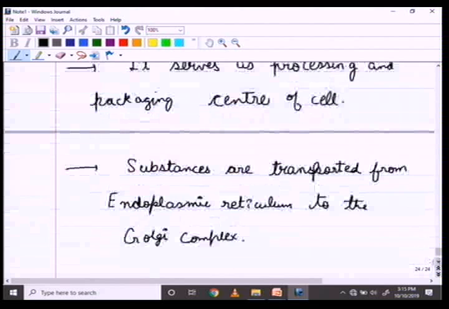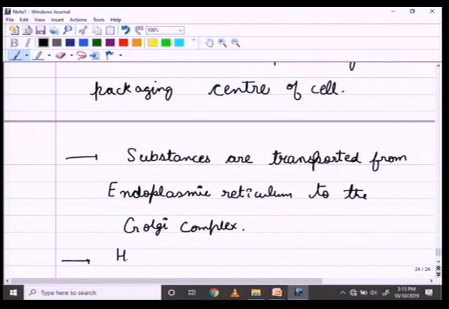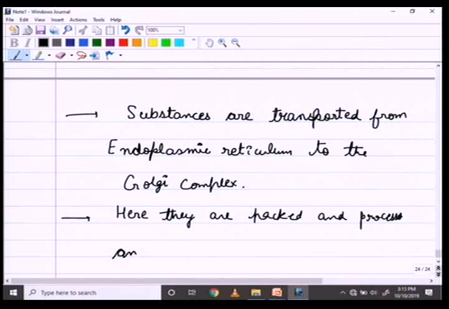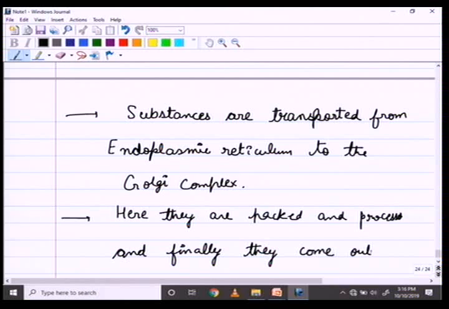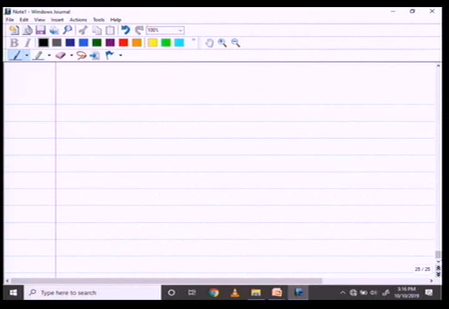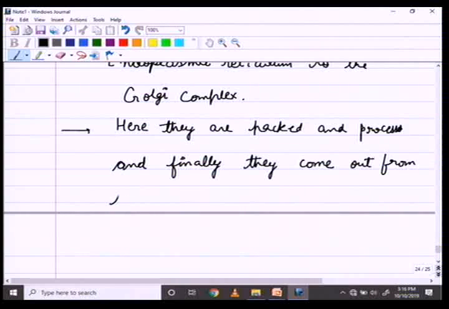Here they are packed and processed, and finally they come out from the other end as secretory vesicles.